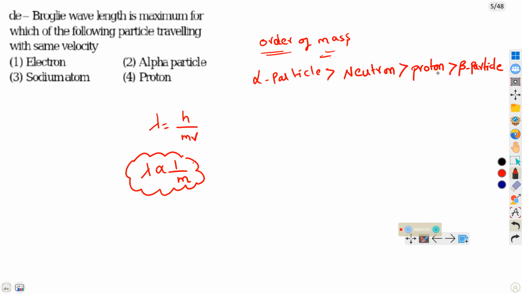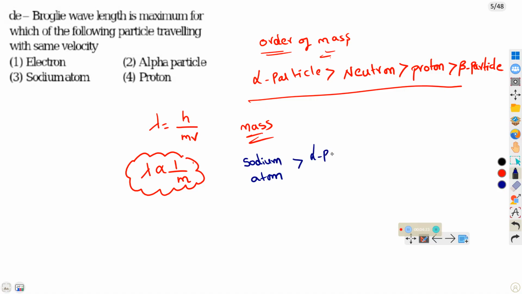Here what is given? Alpha particle is given, proton is given, electron is given, and sodium atom is given. According to the given options, the mass order is sodium atom is greater than alpha particle is greater than proton is greater than electron.